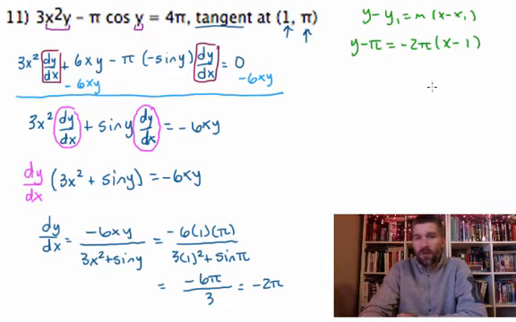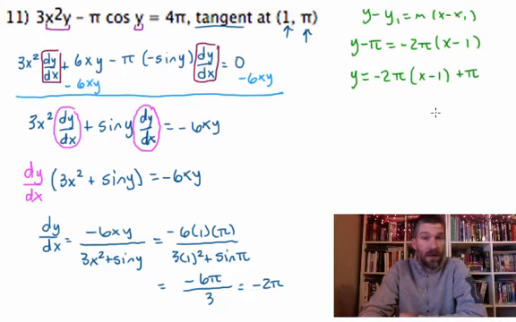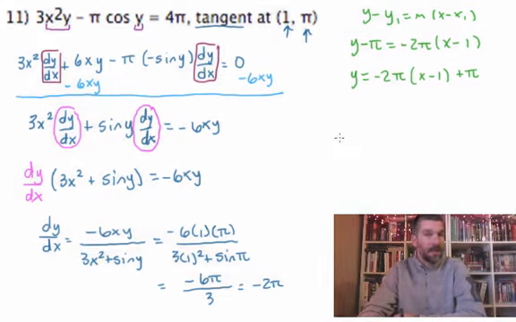And if you're just convinced that you have to have an equation that says y equals, then go ahead and add pi to both sides. But you really don't need to do anything after that because you may or may not make a mistake, and this is the equation of a line. Like I know exactly how to graph this line. Okay, so there you go, implicit differentiation and tangent lines.